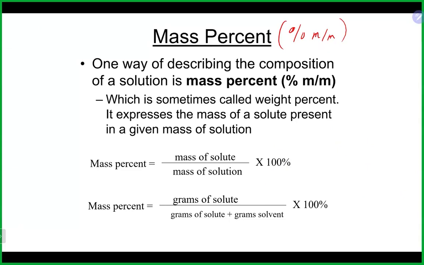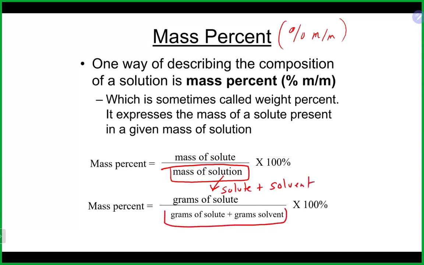The important part of this type of calculation is actually the bottom. And remember that the bottom is made up of 2 things. A solution is a solute plus the solvent. So you definitely want to make sure when you're doing that calculation that you do get both of those numbers.